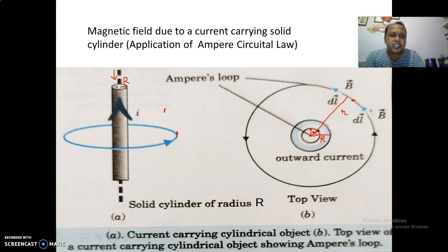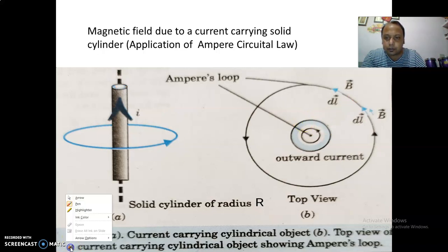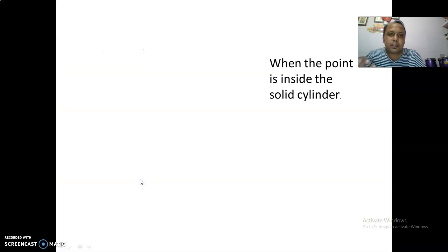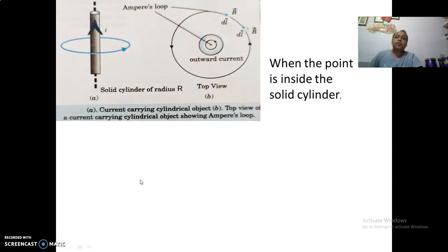First of all, we will consider the condition where the point is taken inside the cylinder. When the point is inside the solid cylinder, this is the Amperian loop which we are considering because the point is inside the cylinder.